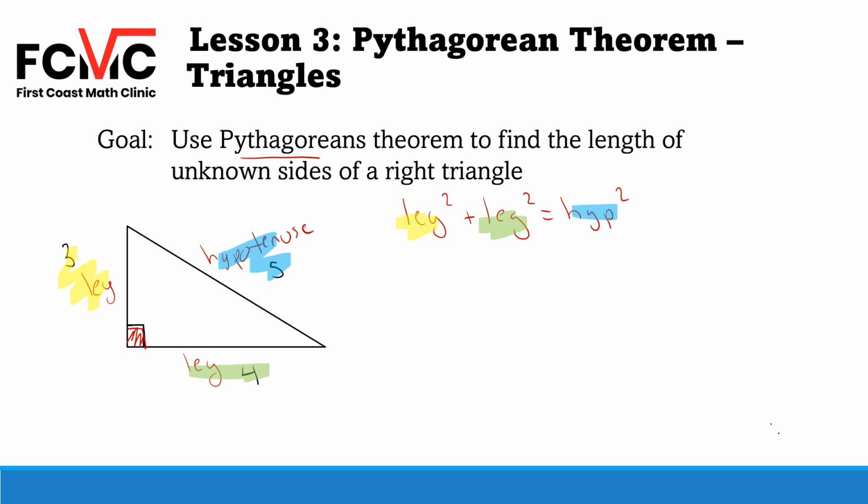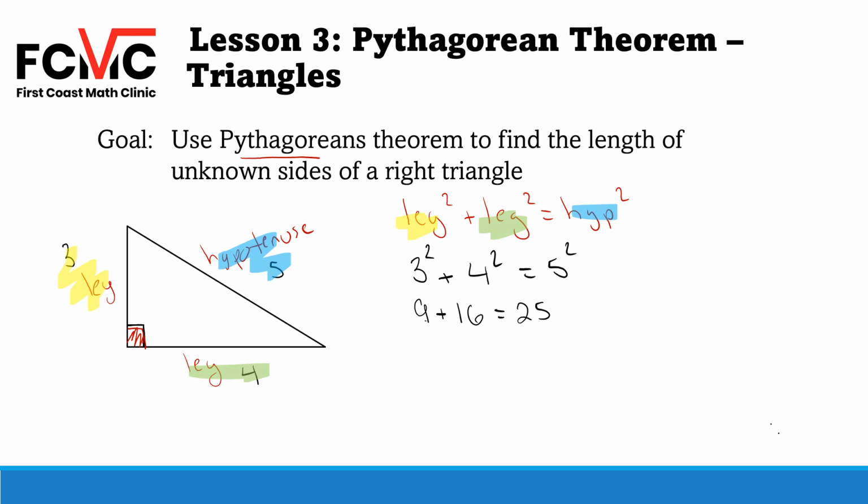So with our substitution, we're going to have 3 squared plus 4 squared equals 5 squared. When we simplify this, we have multiplication, exponents and addition. We're going to do our exponents first. So 3 squared means 3 times 3, so we get 9, plus 4 squared, which is 16, equals 5 squared, which is 25.